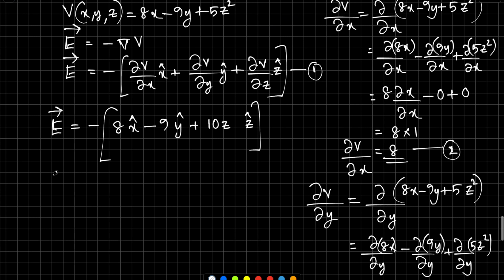Multiply the minus sign into the bracket, so A equals minus 8x cap plus 9y cap minus 10z z cap.